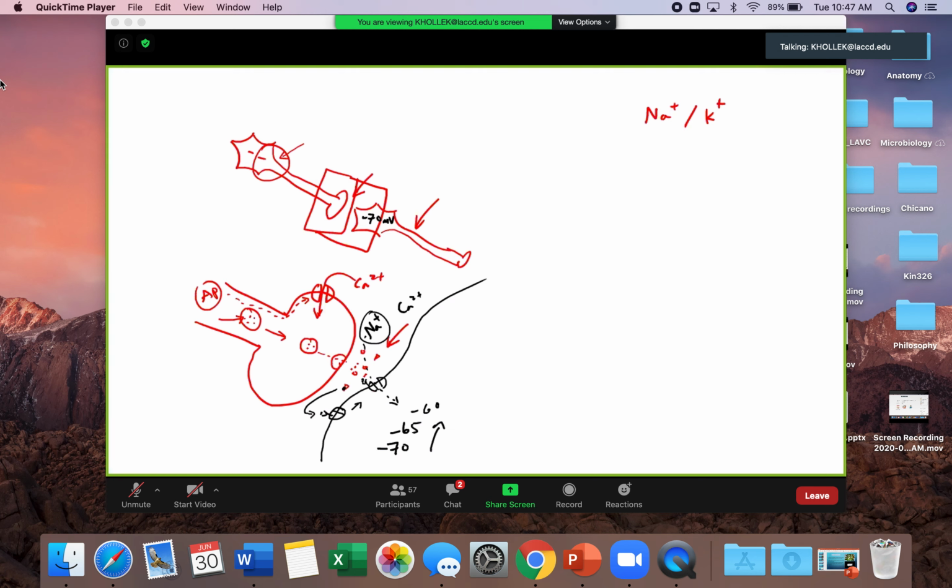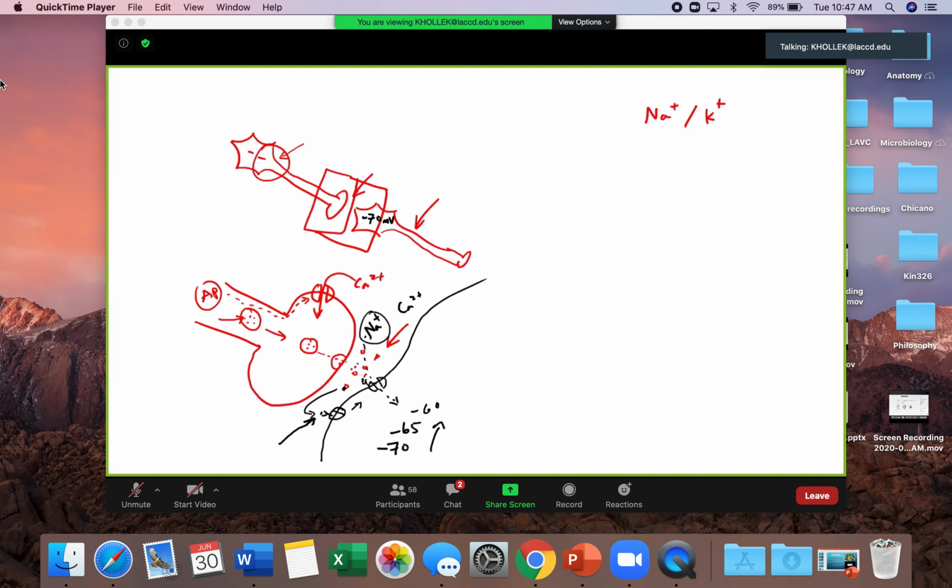All right. Now, eventually, these neurotransmitters are being broken down by their specific type of enzymes. For example, acetylcholine esterase can break down the acetylcholine, or there are other enzymes that can break down other neurotransmitters.